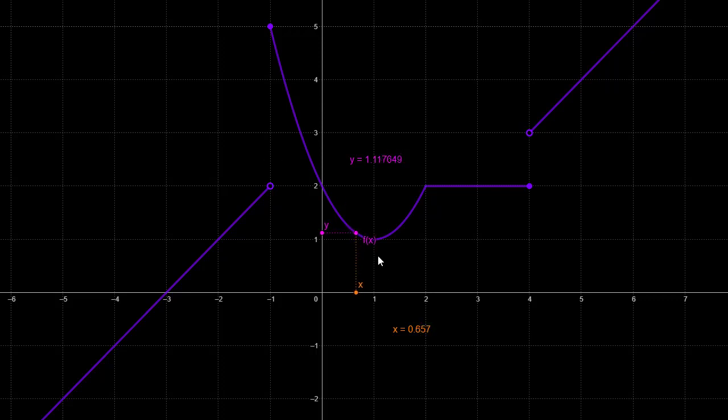It looks like we'll get the same thing from the left. If we go from the left and do the same thing here, we seem to be getting the same behavior as x gets closer and closer to 1 on the x-axis from the left side. The y is once again getting closer and closer to 1.